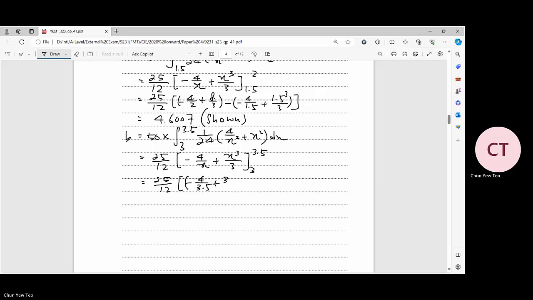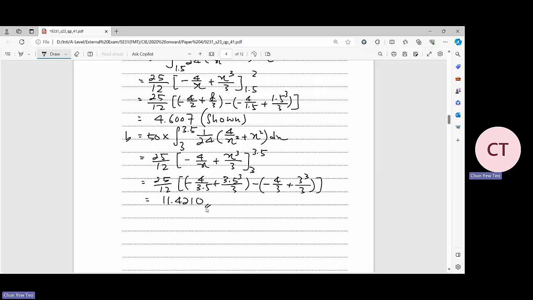Wait for a while. Okay, so now over here is 3.5 cubed over 3 minus this one, which has a negative 4 over 3 plus 3 cubed over 3. Then press the calculator and you get the answer as 11.4210. But you can see that actually we have another way to do it.